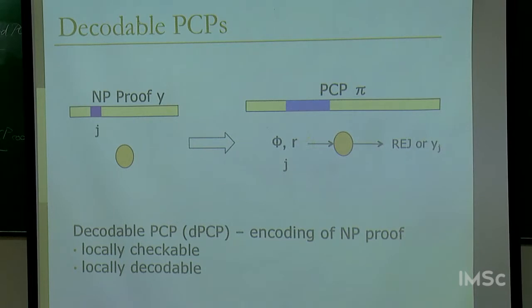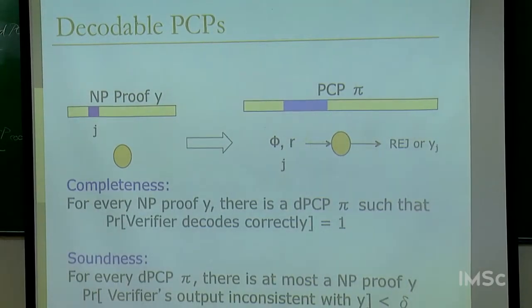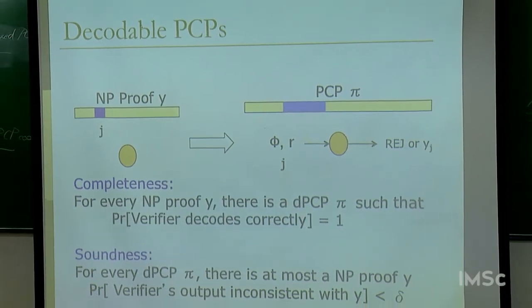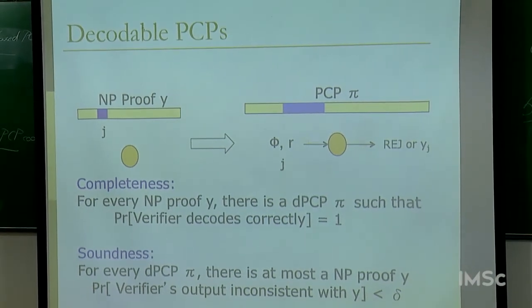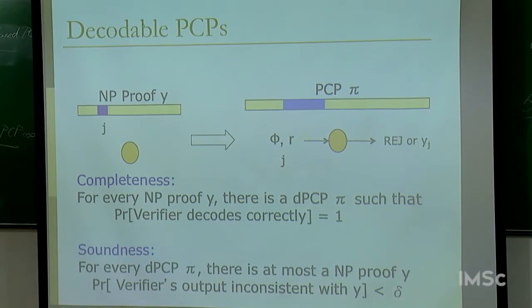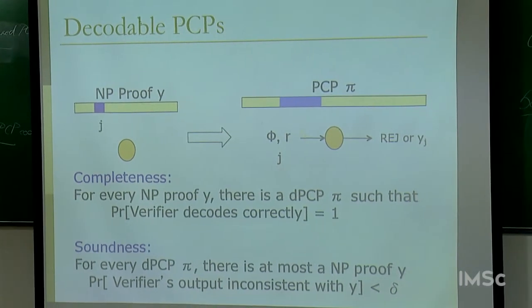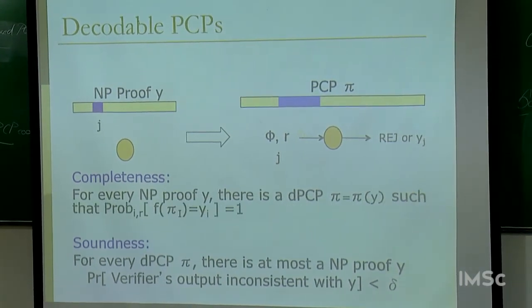And then it's asked to either reject if the local view is rejecting, or to return what would have been at that location in the NP proof. And let's now define completeness and soundness. They are the obvious definitions. For want of time, you can define them suitably here.